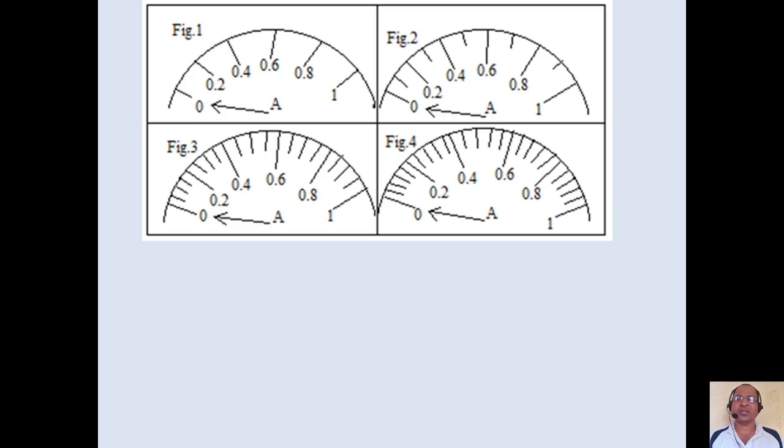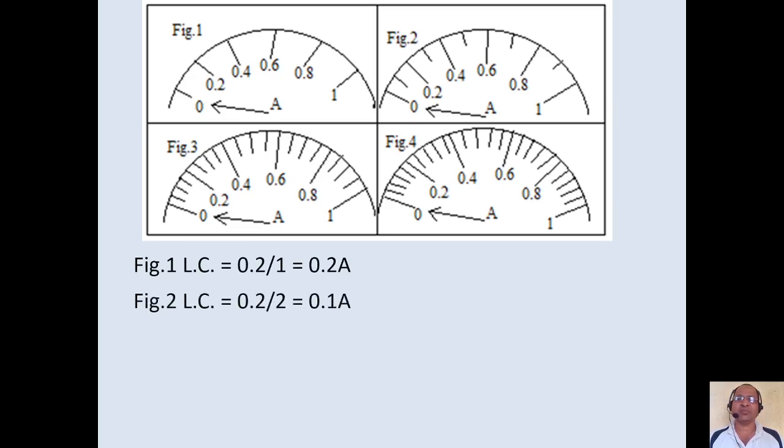In the first figure, the part 0 to 0.2 has only one division, so its least count is 0.2 upon 1, that is 0.2 ampere. In the second figure, for the part 0 to 0.2, there are two divisions, so its least count is 0.2 upon 2, that is 0.1 ampere.